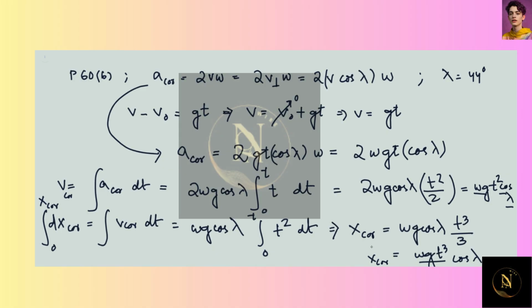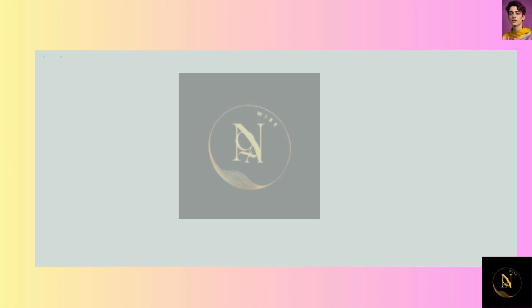Now to find a value for the Coriolis deflection, we need t, which is the time of flight. The vertical motion is just uniform acceleration for an object dropped from rest. So we can solve the kinematic equation for the vertical motion to get an expression for the total time of flight.